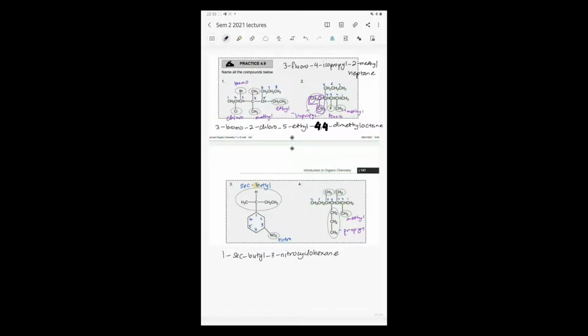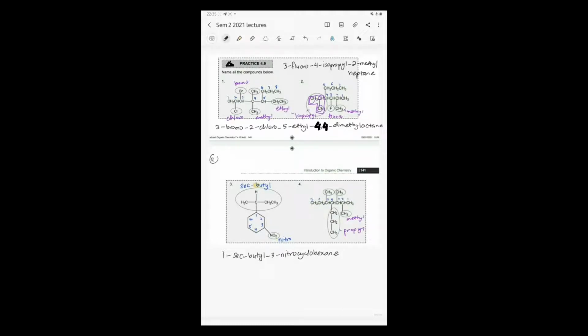What is the name? The methyl, we have 3 methyls at carbon numbers 2, 3 and 5. For number 4, maybe I should write here. The name is, M and P, M comes first.